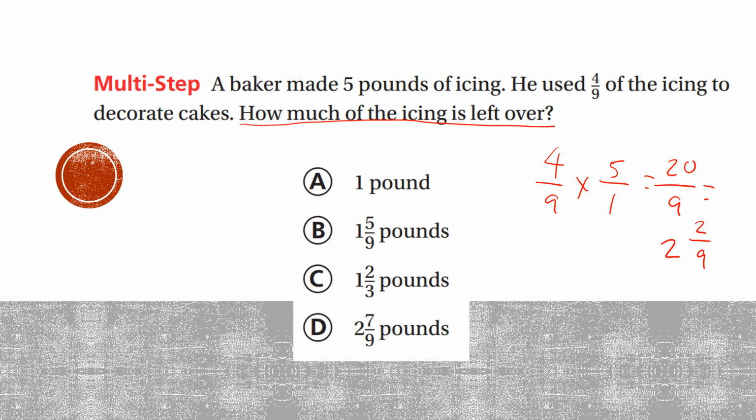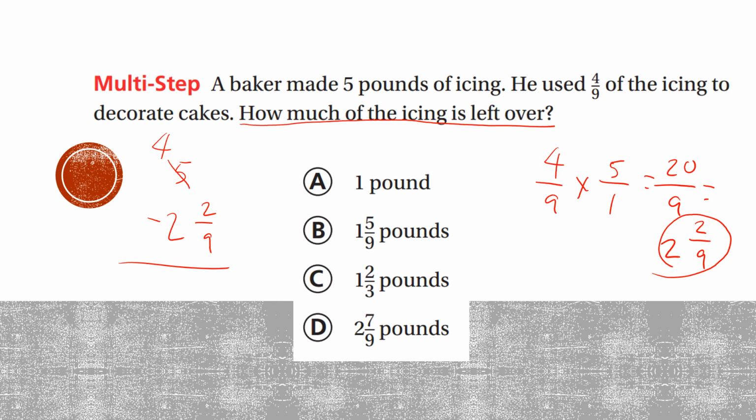He used 4/9 of the icing, so 5/9 was left over. So 2 and 2/9 from 5. So I gotta take 5 minus 2 and 2/9.